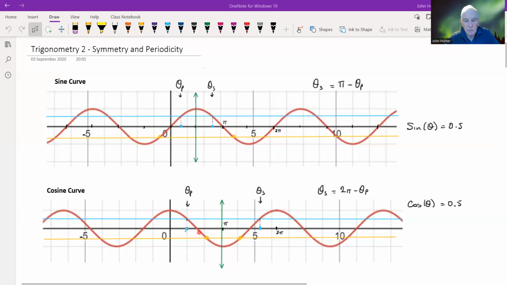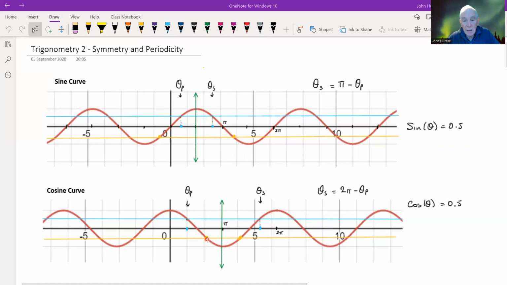So basically we've got something very similar, haven't we? And in fact, our equation, given the primary solution, we're looking for the secondary solution, would be similar, but not quite the same. In this case, secondary solution equals 2 pi minus the primary solution.